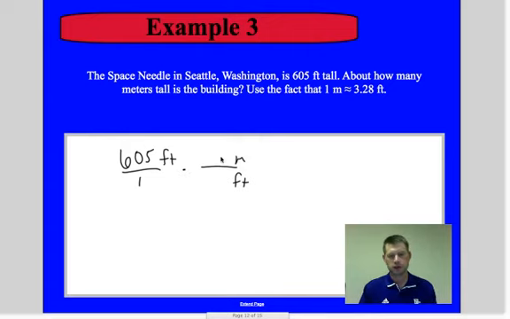So we just use this fact that 1 meter is equivalent to 3.28 feet as our conversion. Okay, so we're just going to multiply across, and the feet cancel.